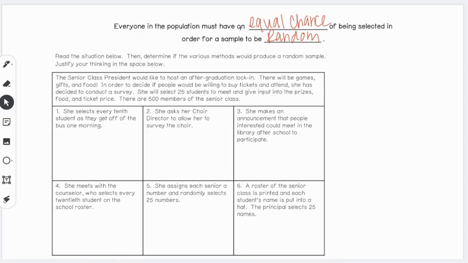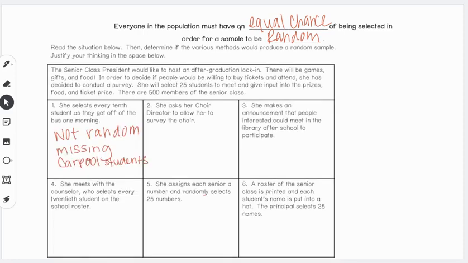And the answer would be no here, because if she's only surveying students who get off the bus, she's missing a whole bunch of students who are carpool riders. All right, the second one says she asked her choir director to allow her to survey the choir. So if she's only surveying the choir here, then she's missing all the students who are in different electives. So this would also be not random.